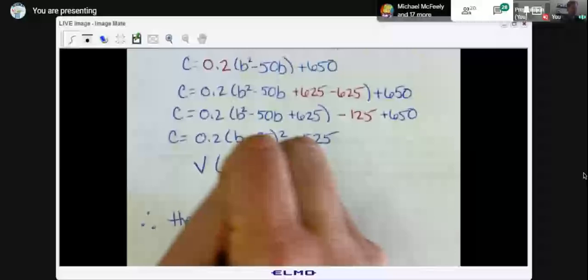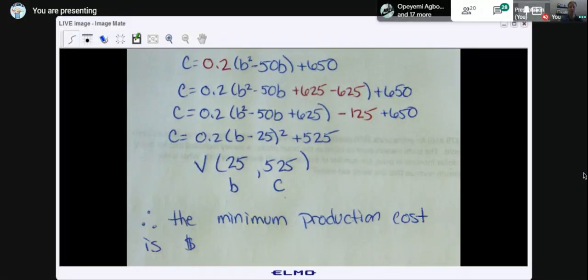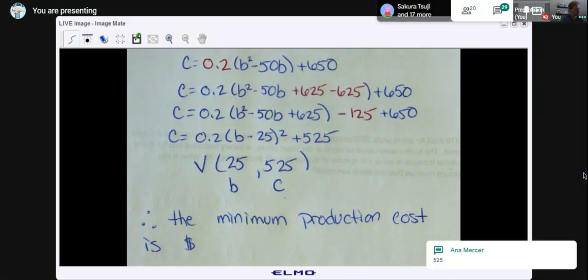How much? $525. When how many bowls are made? 25. Nice. And that is our answer to the Glassworks Company.